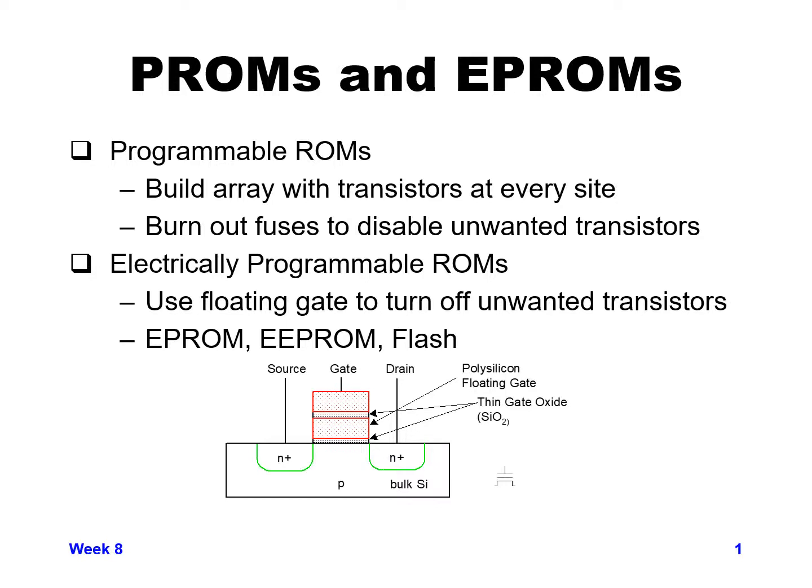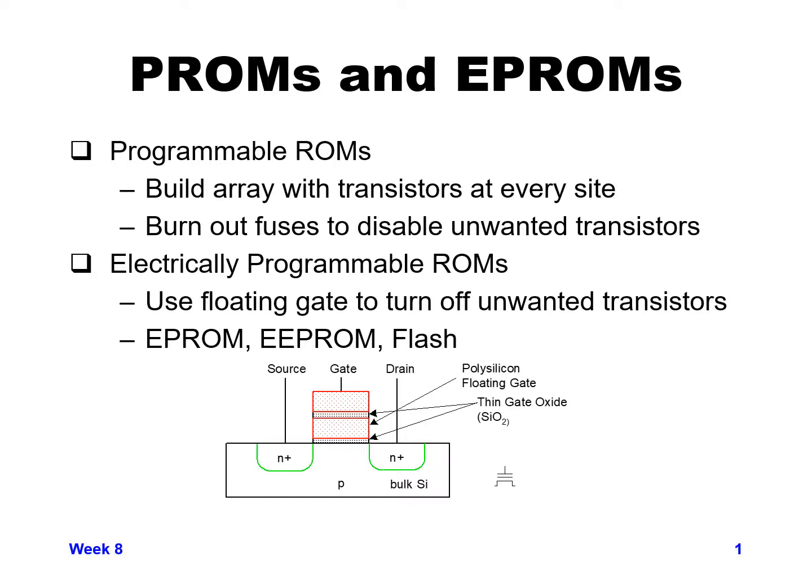And what you can do is, if you put the right amount of voltage between your gate and bulk, you can cause electrons to get embedded in the floating gate. And so that polysilicon floating gate can get embedded electrons that effectively change the threshold voltage, or whether you can turn the device on and off with your normal gate voltage.